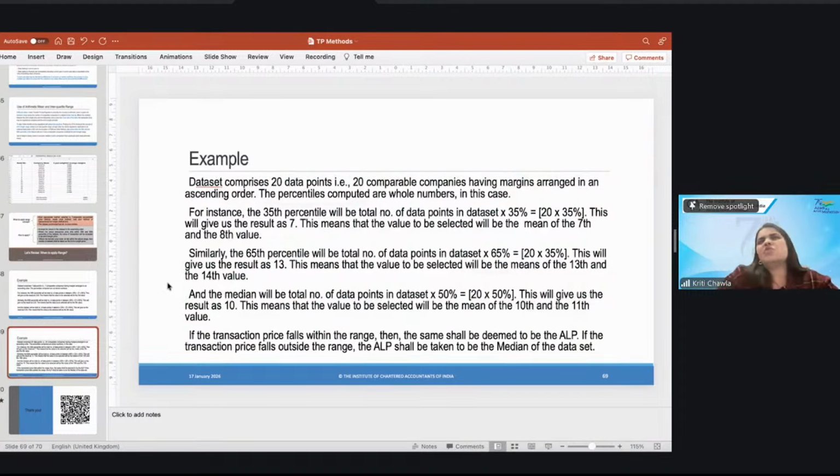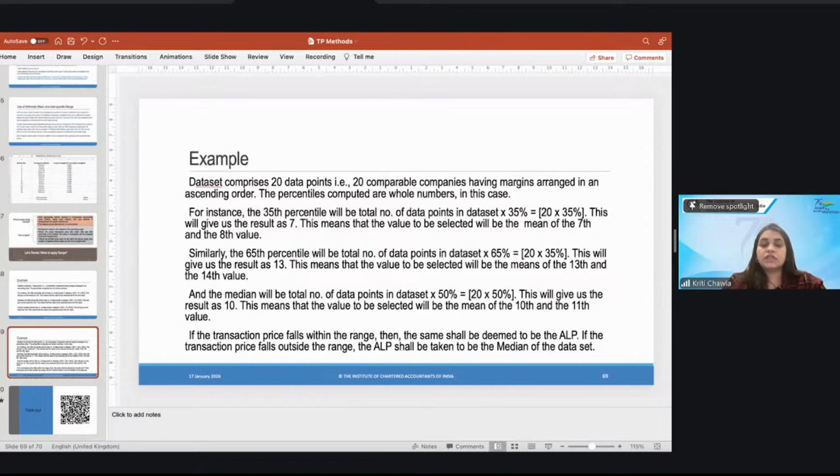Okay, now the thing is, what is the relevance of the median that we've been discussing all this while? Well, what if my margin range is 4% to, let's say, 8%? This is the 35th to the 65th percentile.